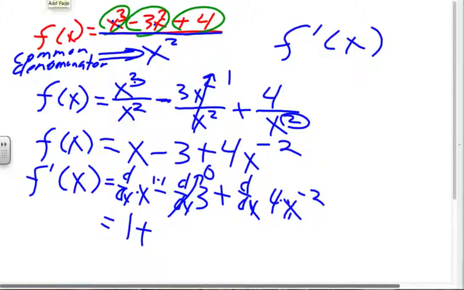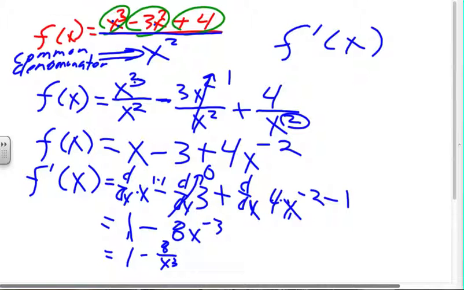So I do negative 2 times 4. So we've got to change the sign. 1 minus 8x, you're going to subtract 1 up here to the negative 3, which is 1 minus 8 over x cubed. And that is how you handle these types of things.